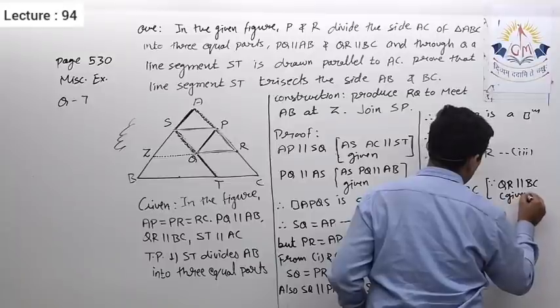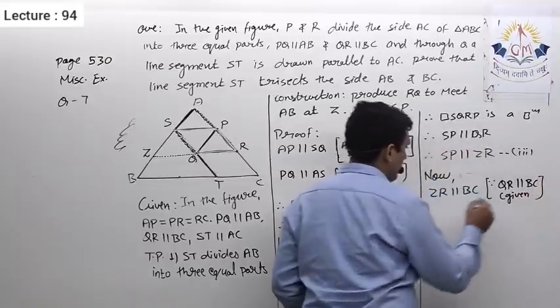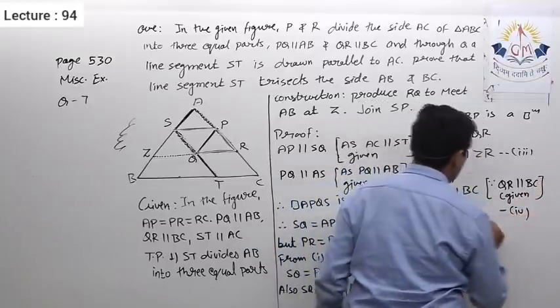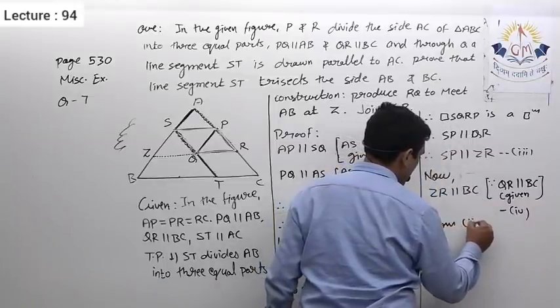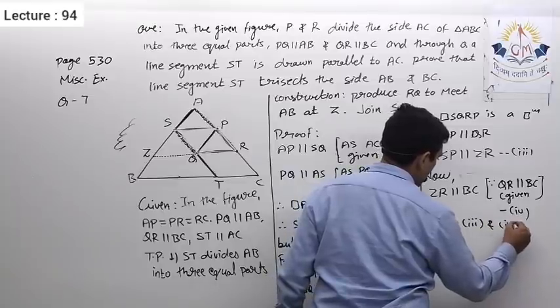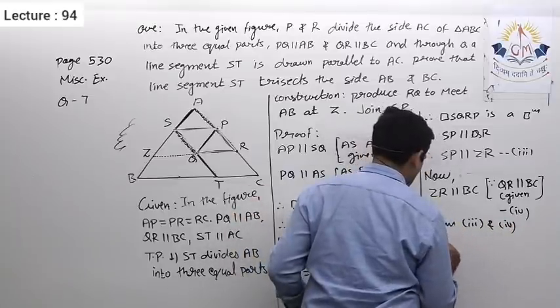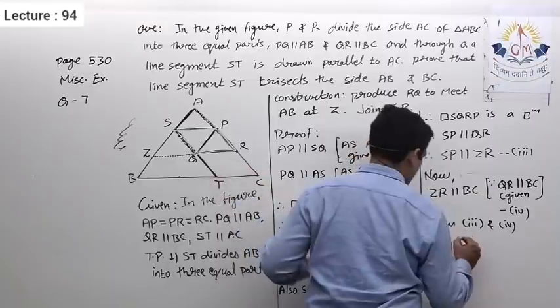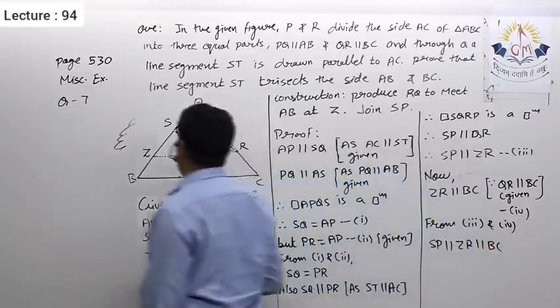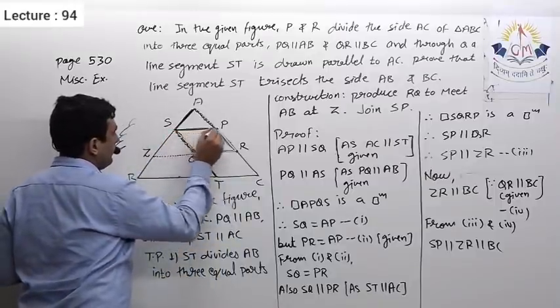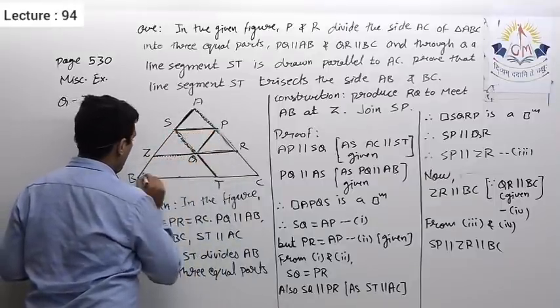That is again given. So let it be fourth. From third and fourth, I can say SP parallel ZR parallel BC.